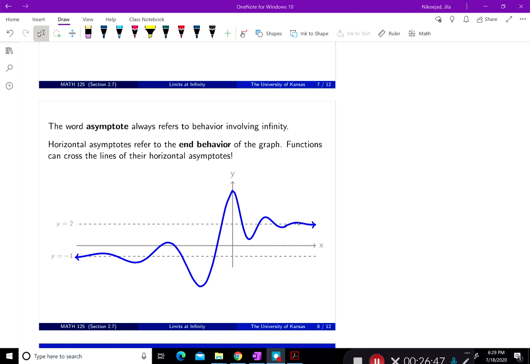You saw it in the previous question. This one is a little more interesting, because not only can it cross, it can cross the horizontal asymptote infinitely many times. This is one of those functions that oscillates about the horizontal asymptote, and the amplitude of the oscillation gets smaller and smaller, but it still crosses the horizontal asymptote.